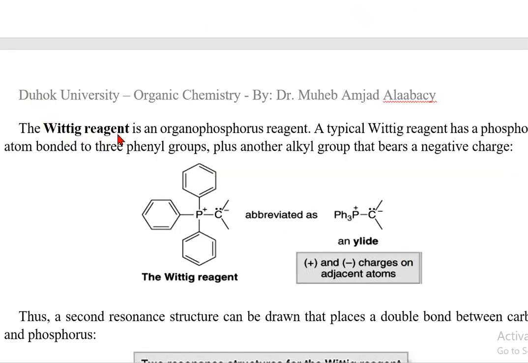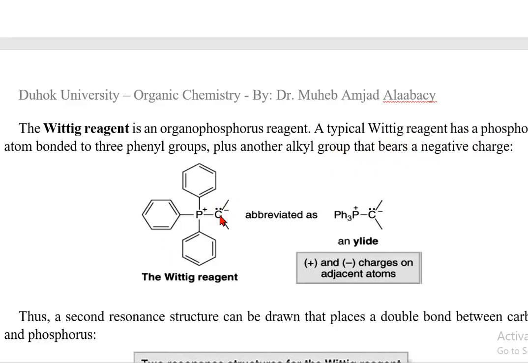The Wittig reagent is an organophosphorus reagent. This is the Wittig phosphine ylide. A typical Wittig reagent has a phosphorus atom bonded to 3 phenyl groups, and another alkyl group that bears a negative charge.